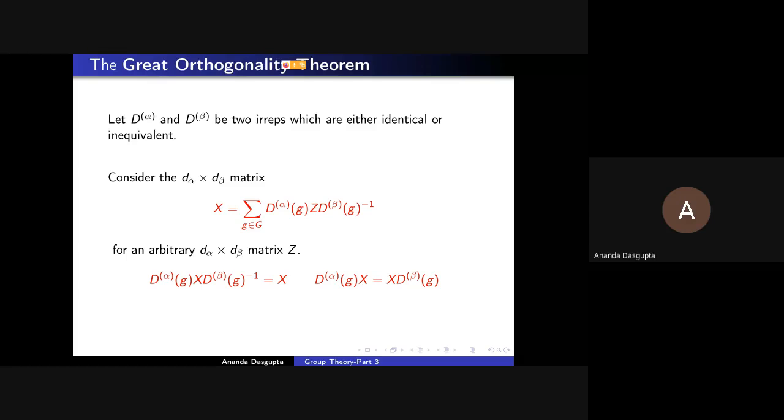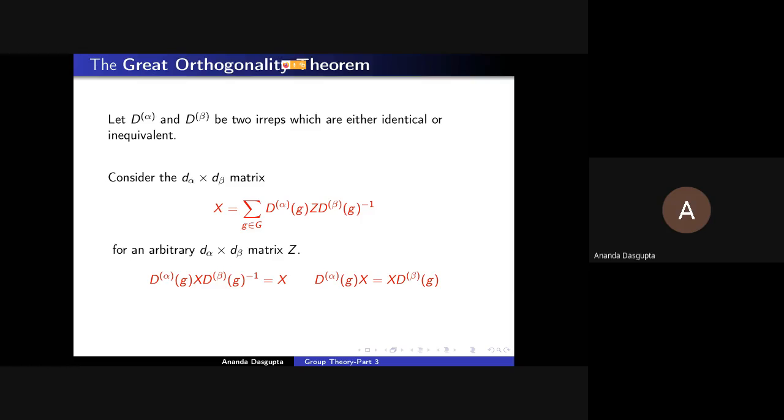Or rather, you would have to say there are two possibilities. Either x is 0, or the inverse exists. It's not just not equal to 0. If the inverse exists, then d alpha and d beta would end up becoming equivalent, because then d beta would be x inverse d alpha g x, right?